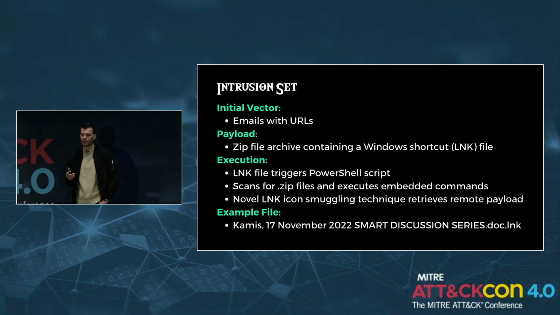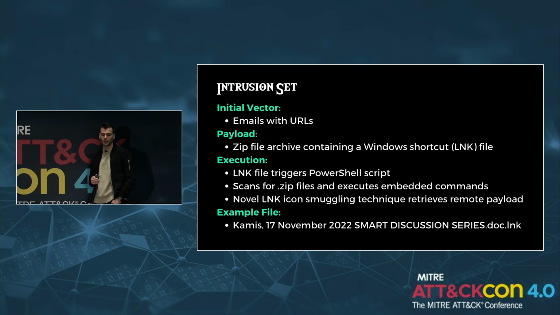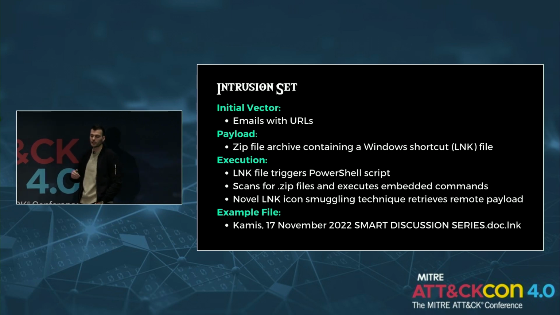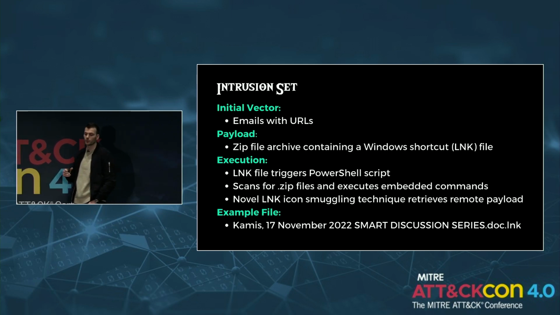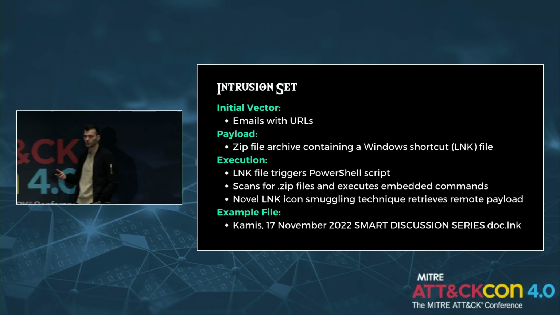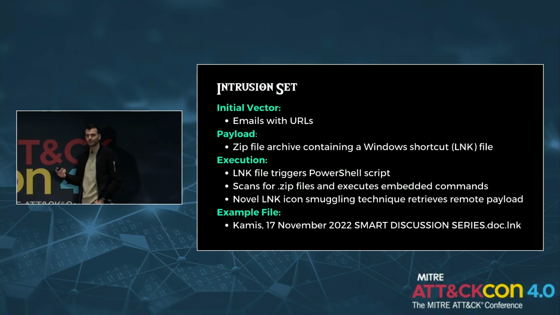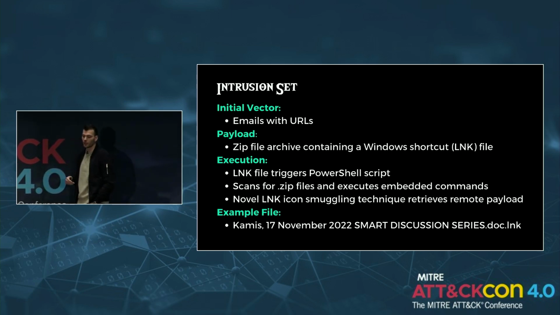What I do want to focus and double click on here was an interesting LNK file trigger for PowerShell script that was included in the weaponized icon field of that particular LNK file. So not only did the execution of that LNK file result in the PowerShell script that pulled down and executed the malicious payload, the Cobalt Strike stager, it also resulted in a semi-persistence mechanism where it, again, triggered that PowerShell script.